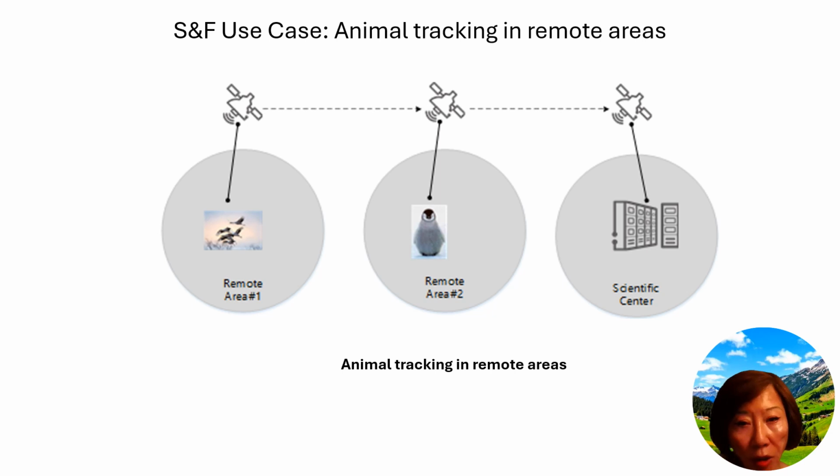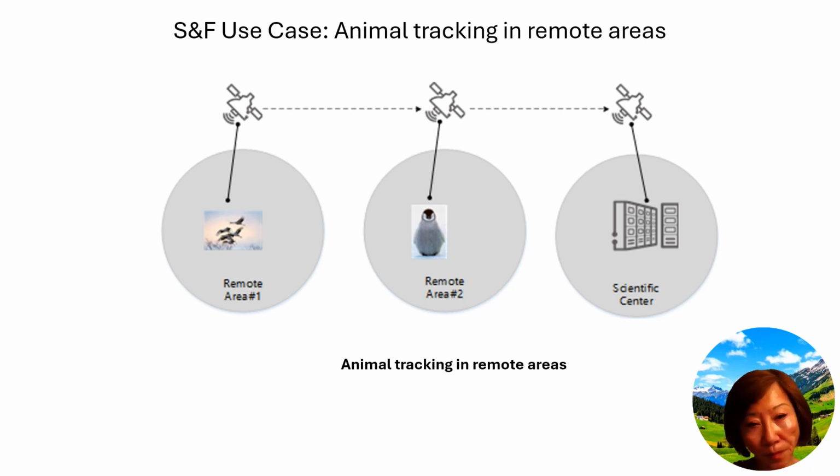We have remote area number 1, represented by an image of a bird or some kind of flying creature. This likely symbolizes a wildlife habitat or study area. We have area number 2, which is depicted by an image of a penguin. That is a penguin, unmistakably so. It represents another remote location, possibly in a different ecosystem or geographical area, for example, the North Pole.